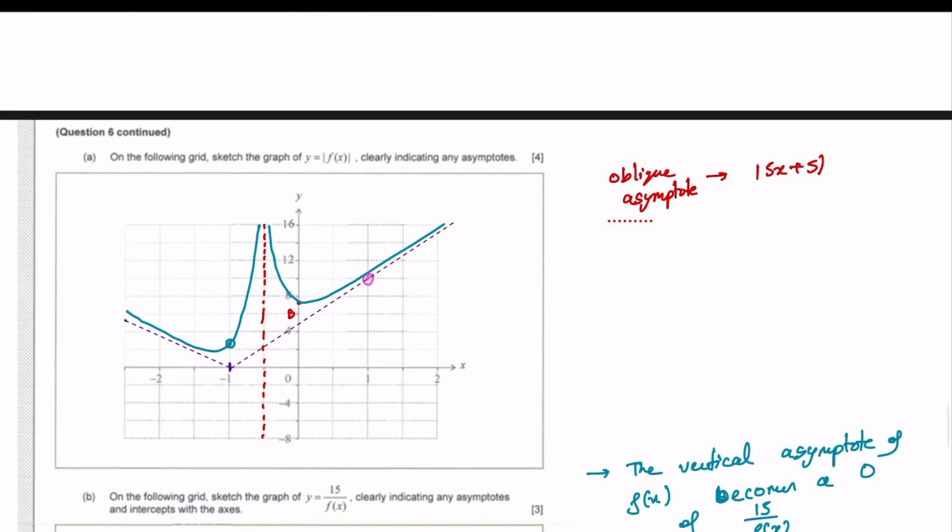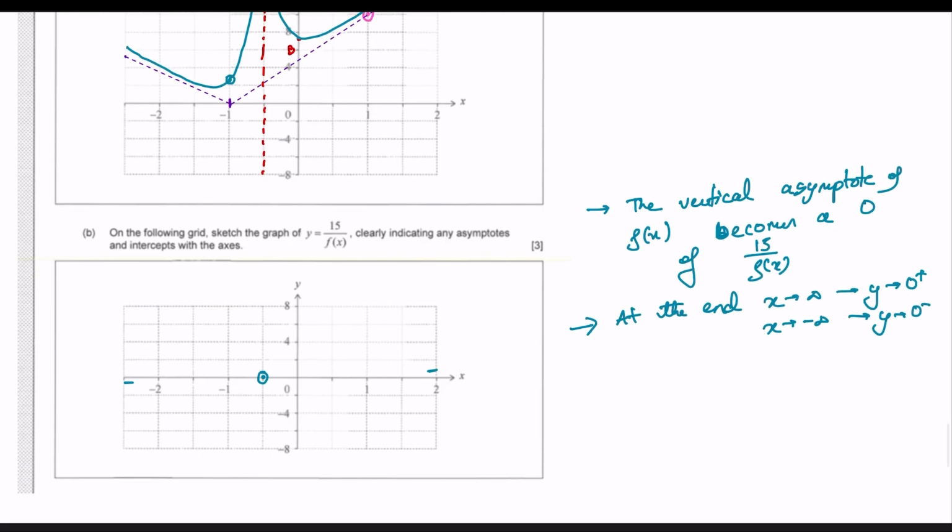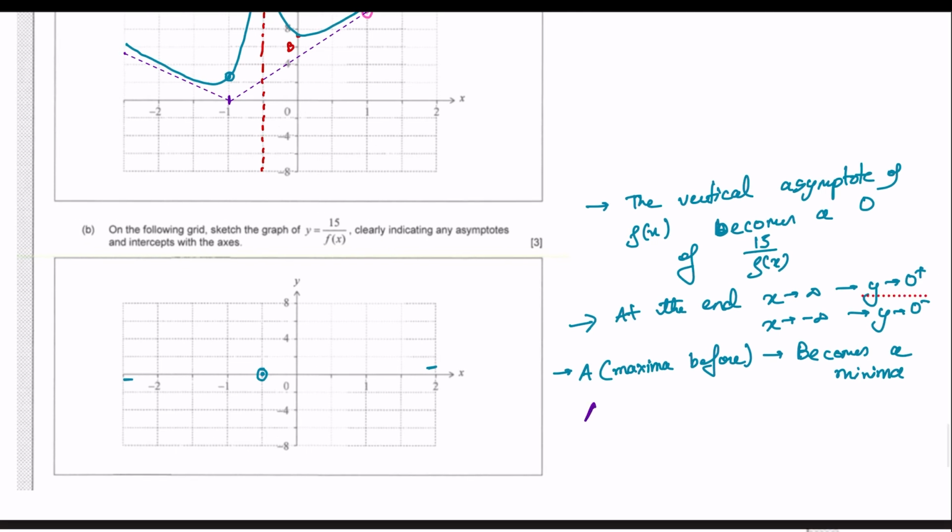Fine. This point was a maxima. The maxima will become a minima. So A was a maxima and it will become a minima. And we need to find the coordinates of A. So the x-coordinate will remain -1.